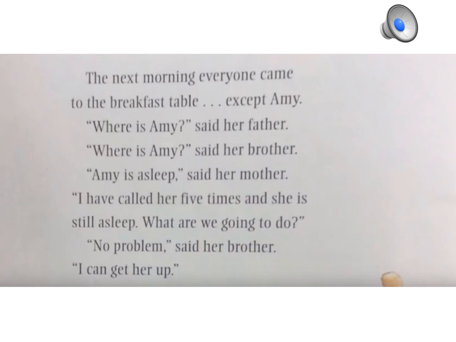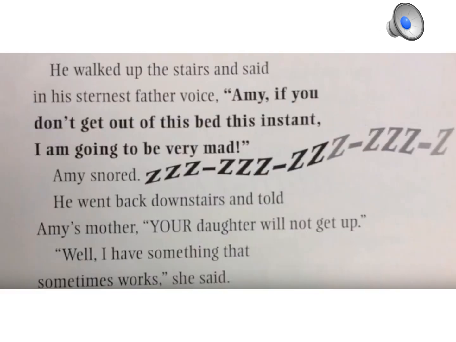So the brother says, I can get her up. So the brother runs up the stairs, excuse me, but he never gets her to wake up. So he fails, and we see a pattern starting to emerge the second time. The dad goes up and he tries to wake Amy up in the sternest father voice, you know.